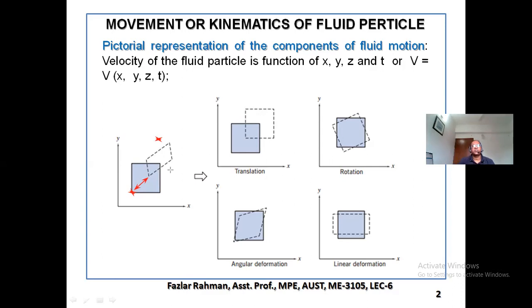Okay. So when a fluid particle travels in the fluid stream, there might be rotation, translation, angular deformation, and also linear deformation. If there is only linear deformation, then there will be no vortex, there will be no curve. But if there is angular deformation, then there will be some vortex.